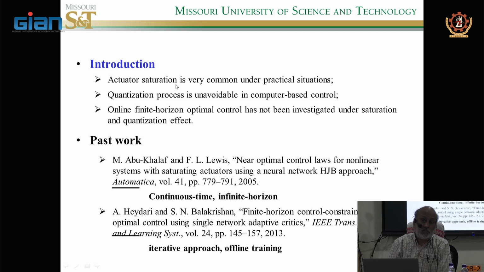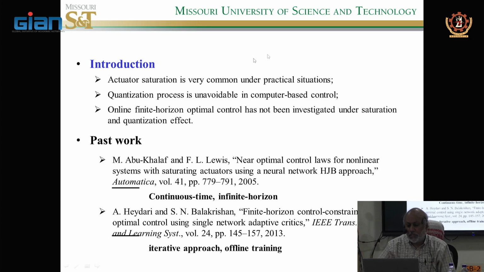Now, actuator saturation is a big problem. Because a lot of times, you design a controller, and the controller would give you a very high control input, whereas the actuator doesn't have that bandwidth to convert that command into either a voltage or a current signal, you see? So that's the problem.